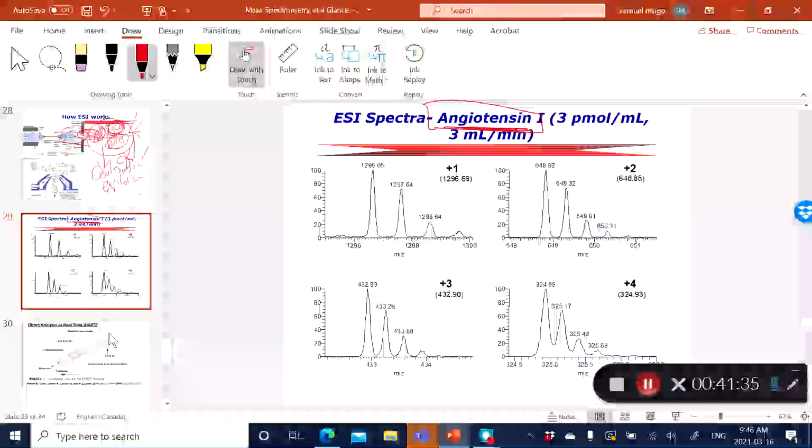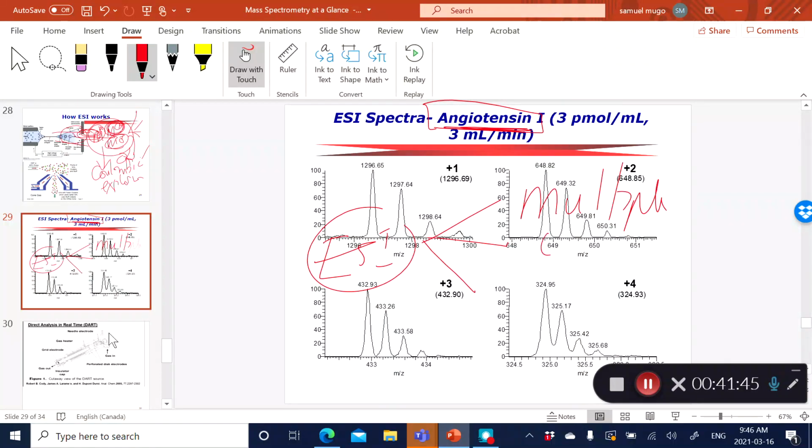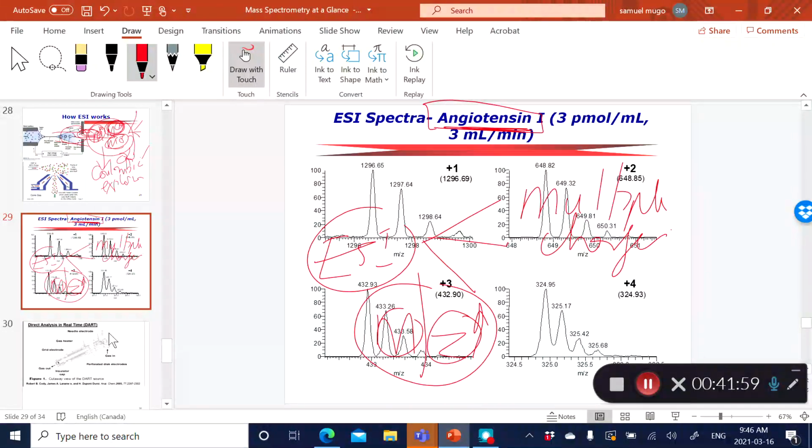Now, another huge advantage of ESI, very huge advantage, is the fact that you can form multiple charges as well. Multiple charges, okay? Remember, you are trying to analyze m/z, okay? That's the charge, and that is the mass. As the charge increases, you would see the mass to charge decreases.